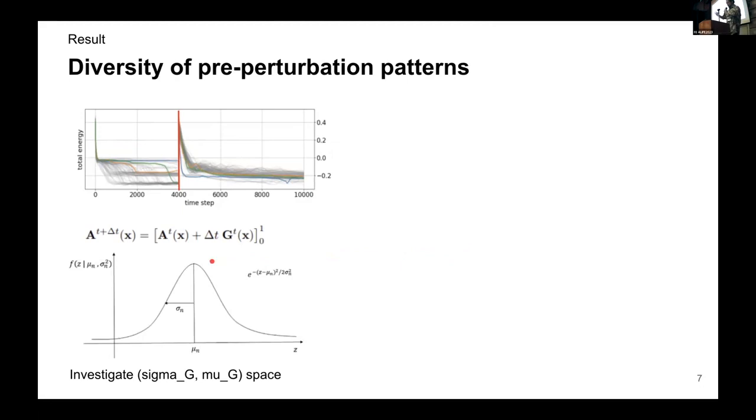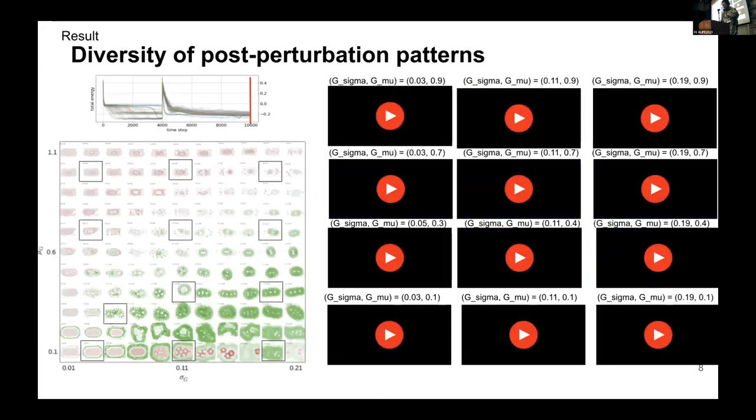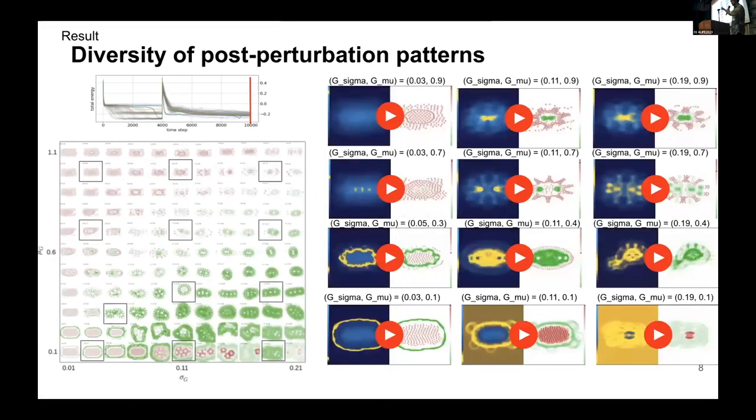We change these two parameters, and firstly we search for the pre-perturbation patterns. This is a phase space of the pre-perturbation stable patterns. The x axis is sigma and the y axis is mu. So we find a variety of stable patterns.